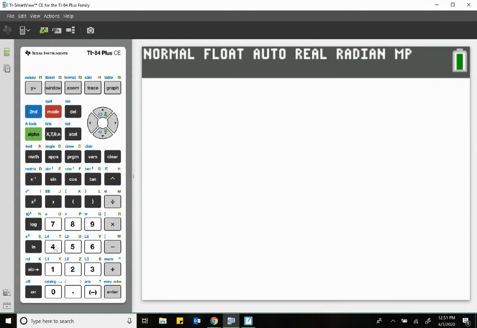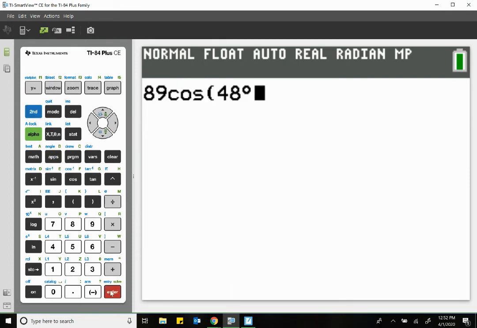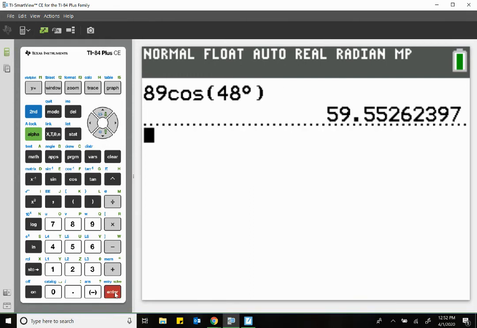So that was 89 cosine 48, and definitely make sure that you go into the apps and let it know that this is in degrees, because right now we are in radians. Okay, close it up, and there's our number, 59.55262397.